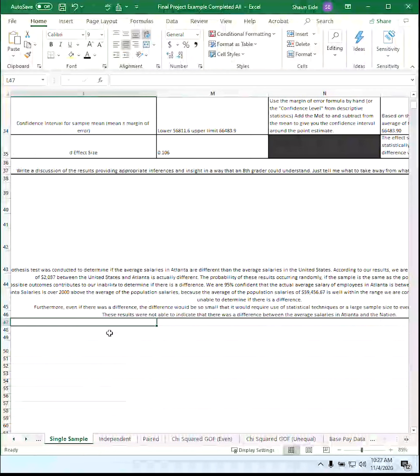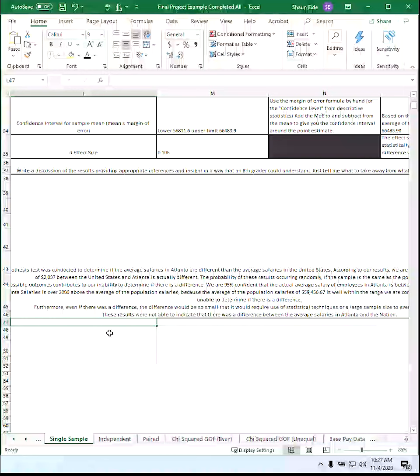These results were not able to indicate that there's a difference between the average salaries in Atlanta and the United States or the nation, so therefore they should not be used to demonstrate that there's a difference. We didn't test to say that they were the same, so because we didn't test to say that they were the same, we shouldn't say that they are the same.